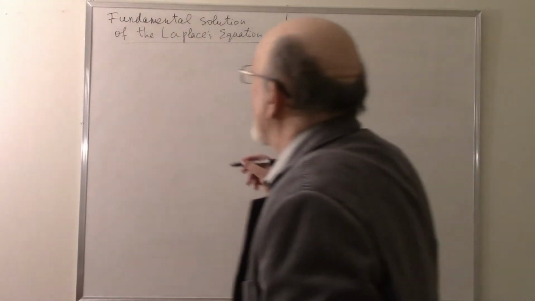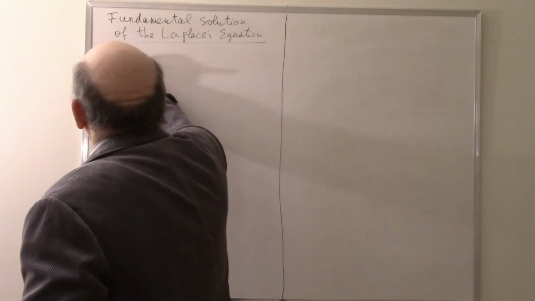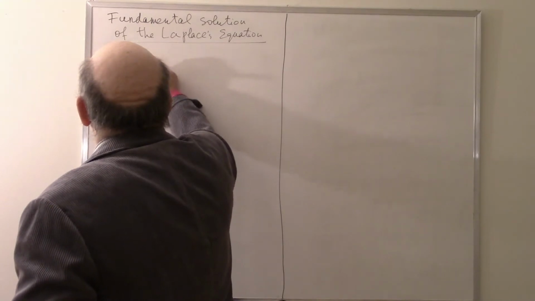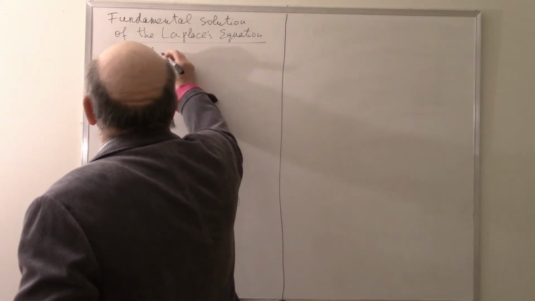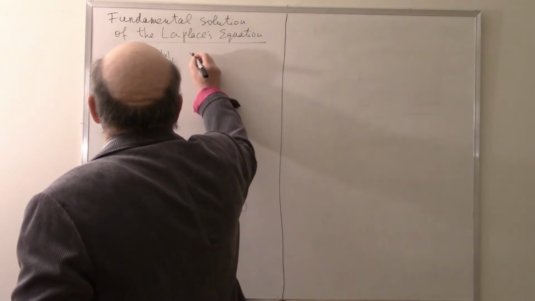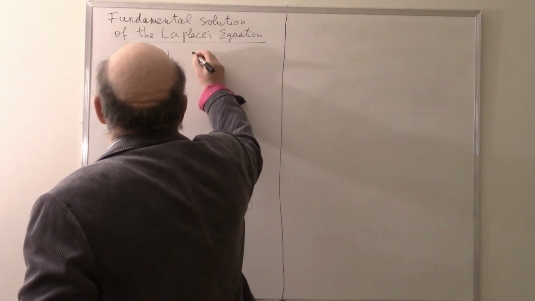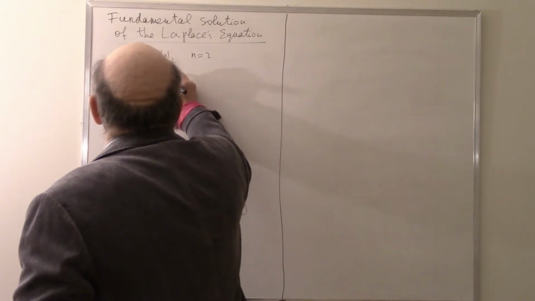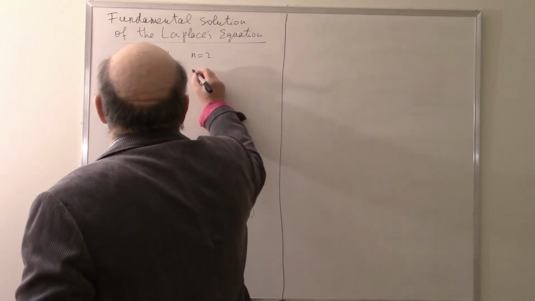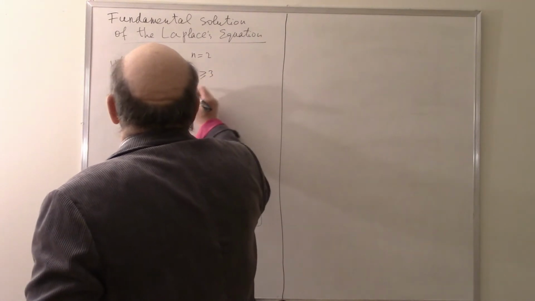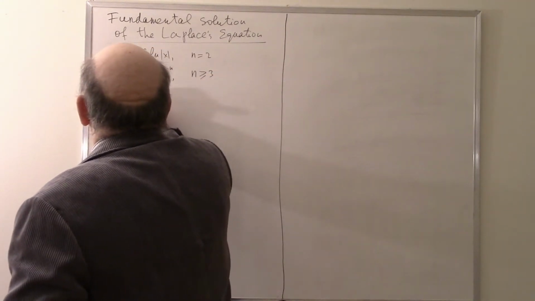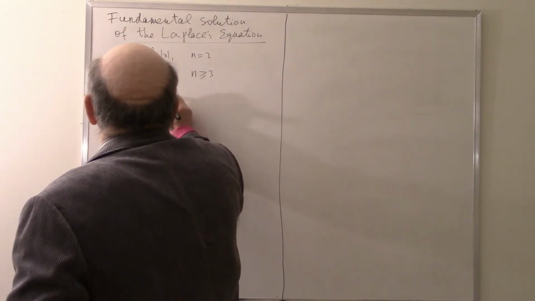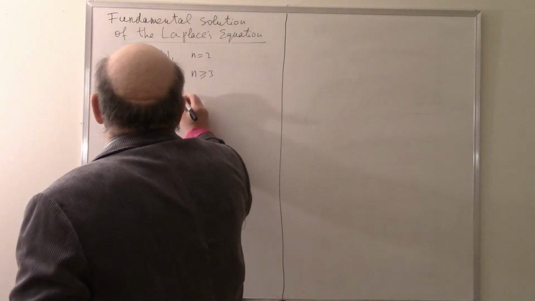So we introduced the function u of x equals logarithm of modulus x if n equals 2, and modulus x to the power 2 minus n if n is more or equal than 3. Here x equals (x1, ..., xn) is a point in R^n.